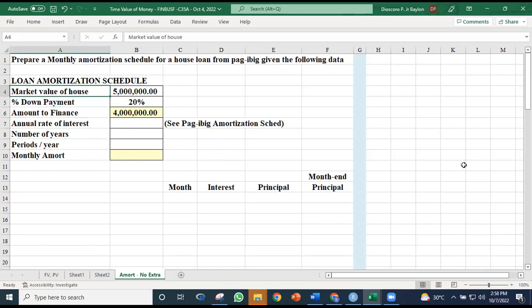Okay, I'm going to put them together. I'll change the name because we're going to create names from here, named range. So this is the down payment. And let's call this loan amount. Okay, I'm changing the name so that there will be no spaces. Okay, and we'll call this annual rate.